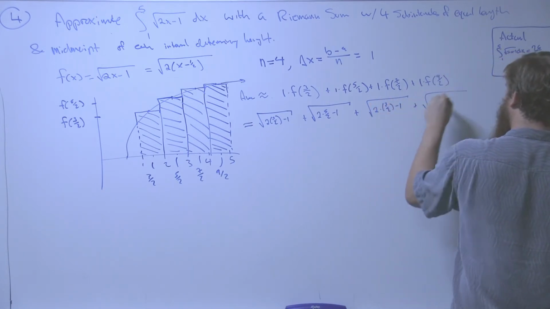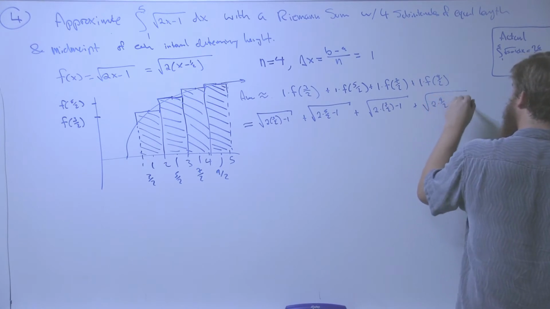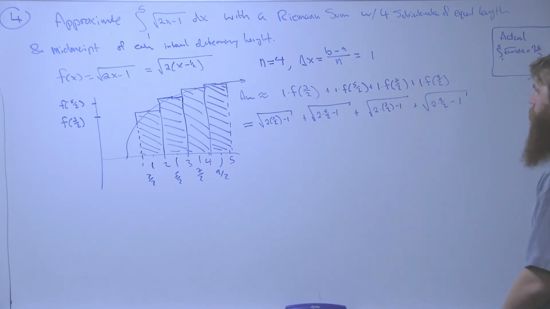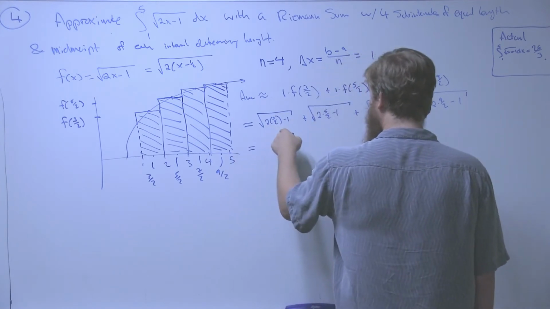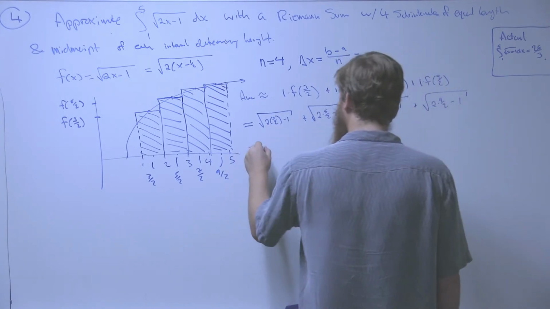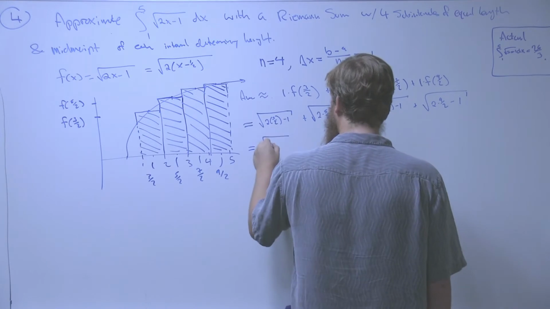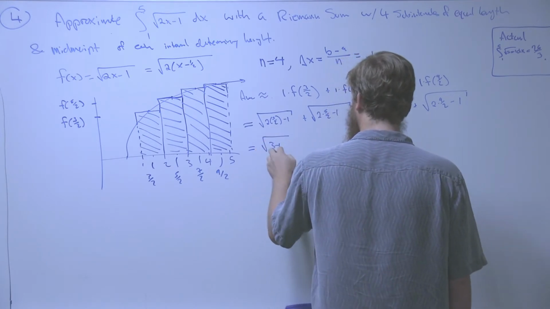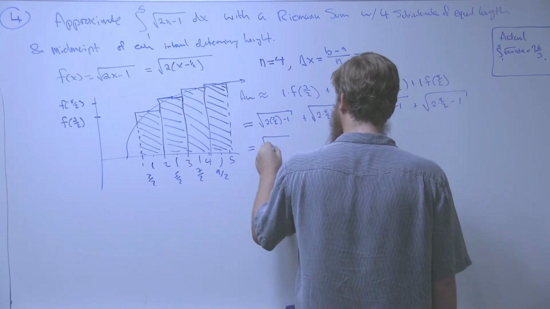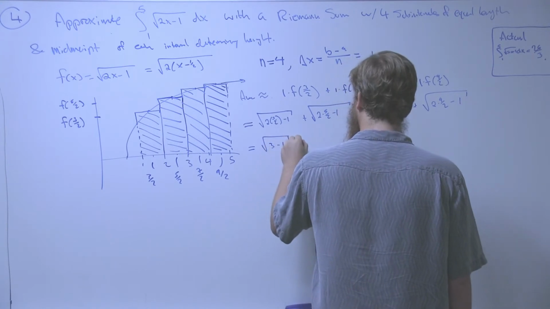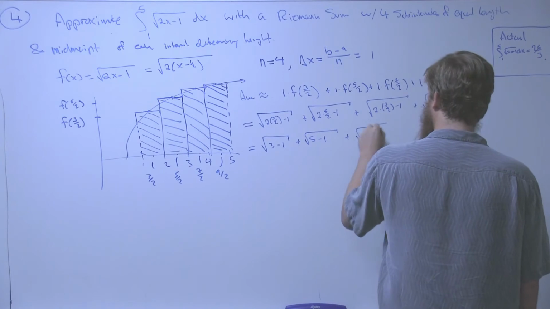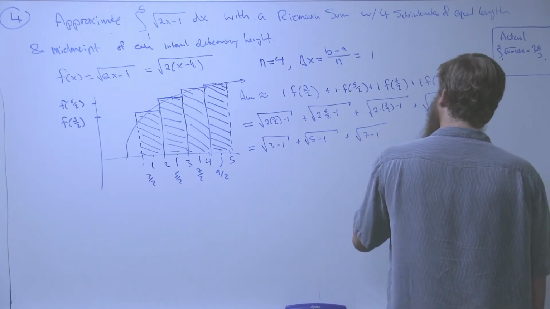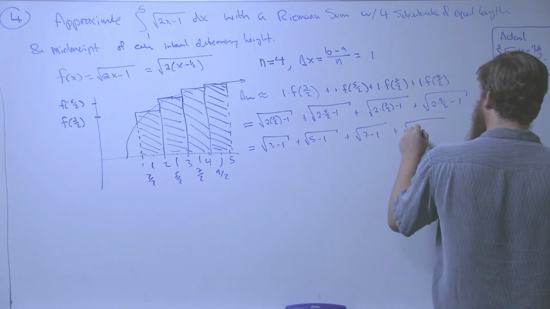And this is the square root of 2 times 9/2 minus 1. Okay? We can further simplify this. The 2's are going to cancel in each of these. So this is the square root of 3 minus 1, plus the square root of 5 minus 1, plus the square root of 7 minus 1, plus the square root of 9 minus 1.